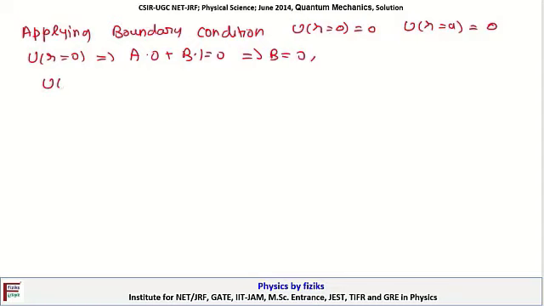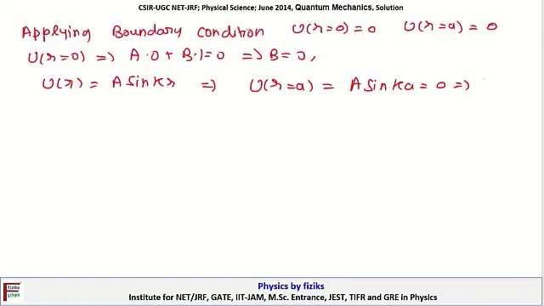So our wave function would be u(r) equals A sin kr, and the second boundary condition, u(a) equals 0, implies A sin ka equals 0, implies k equals nπ by a.